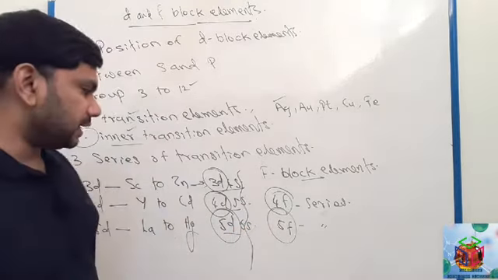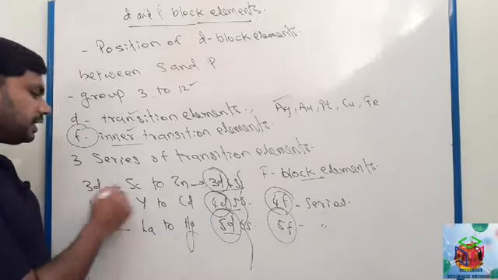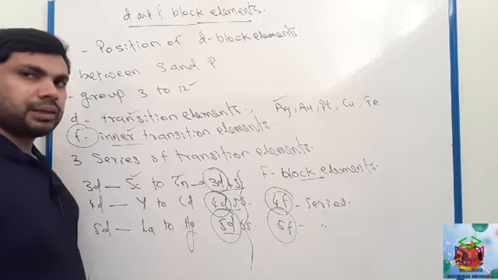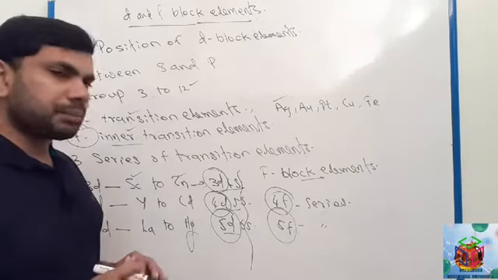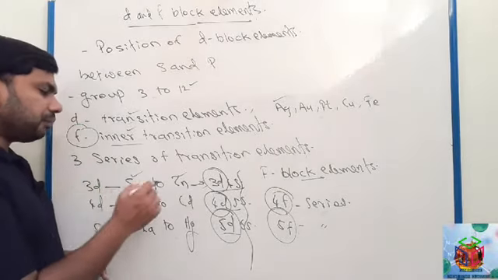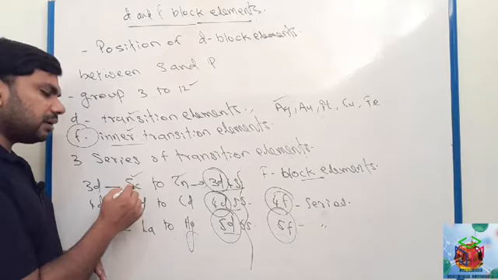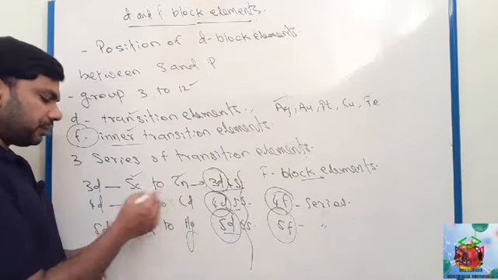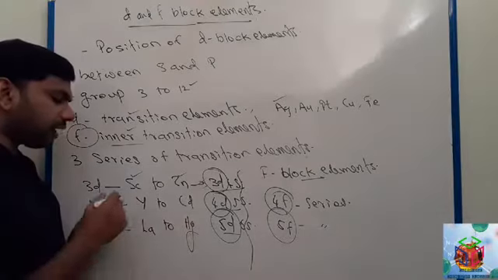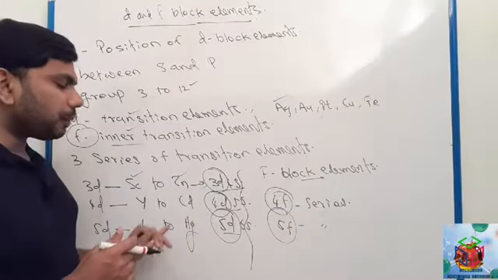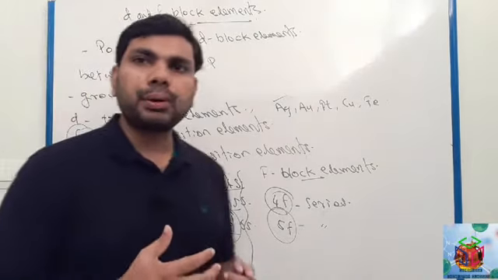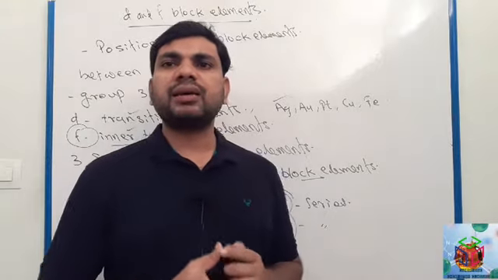Here the 3D series elements start from scandium to zinc, the 4D series from yttrium to cadmium, and the 5D series from lanthanum to mercury. This is the general introduction about D and F block elements.